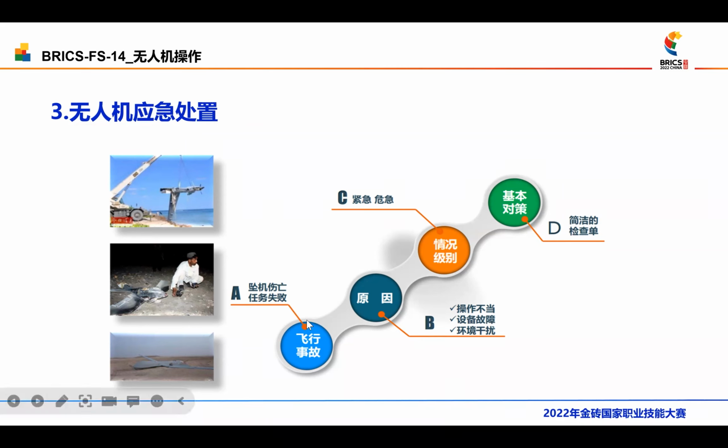When the UAV crashes or fails to complete the task, we should first make clear the reasons, and then judge whether it is a critical situation, an emergency situation, and find the emergency process according to the checklist.